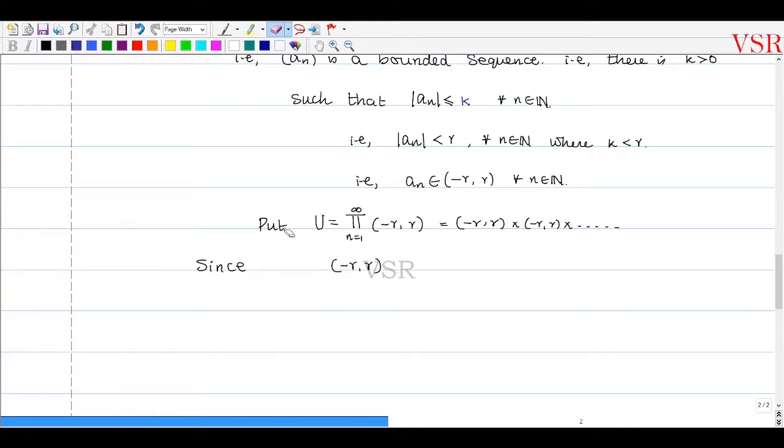Since this interval is open in R, R ல open ஆ இருக்கிறதுனால what we can have, this U is a basis element for the box topology.